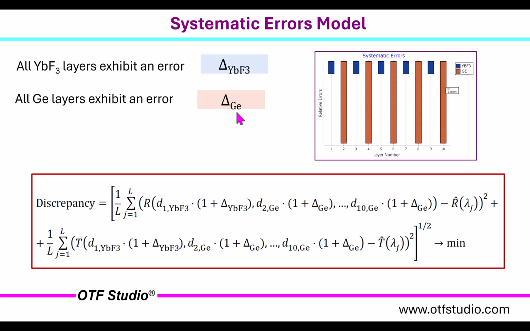If we have a look at the relative errors plot, we can see that all germanium layers exhibit one error and all terbium fluoride layers exhibit another error. Internally, there is a discrepancy function which estimates the closeness between experimental and model reflectance and transmittance. This discrepancy function will be minimized with regard to these two parameters, delta for terbium fluoride and delta for germanium.